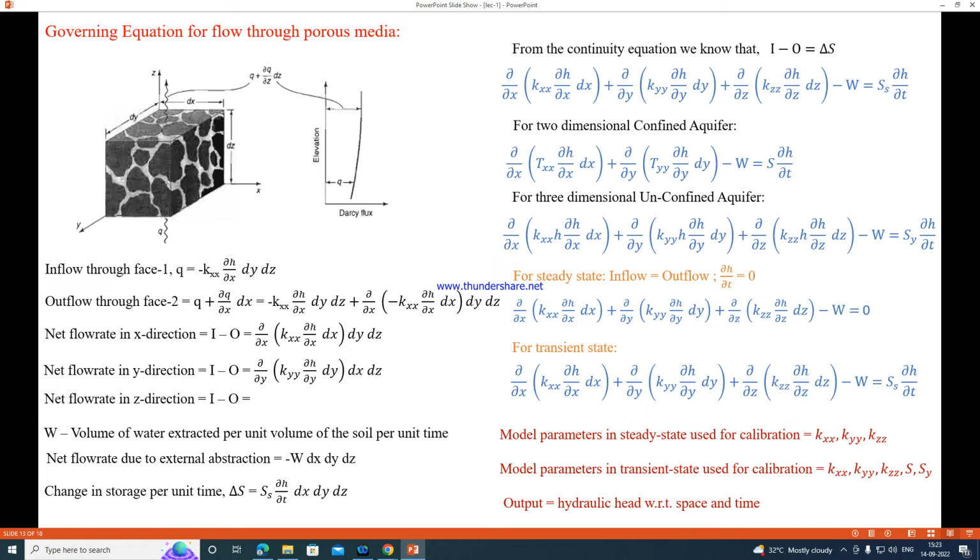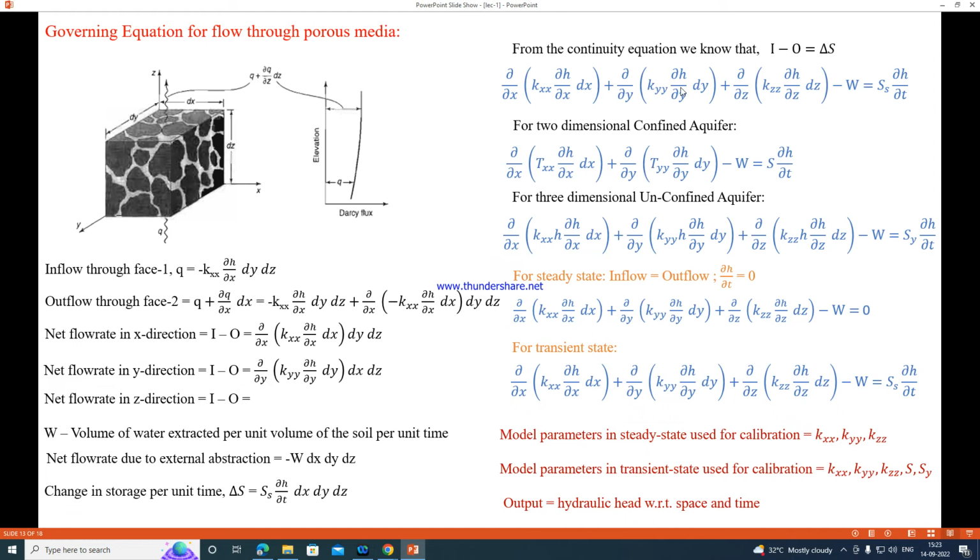MODFLOW is nothing but the modular three-dimensional groundwater flow model. For the two-dimensional confined aquifer, the transmissibility appears because when you multiply by the width of the aquifer, K into b means transmissibility.